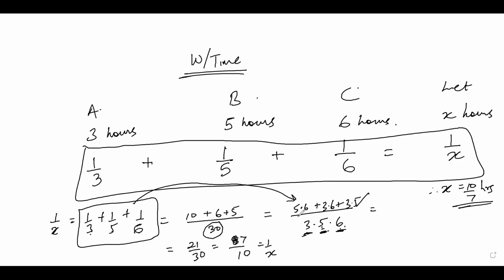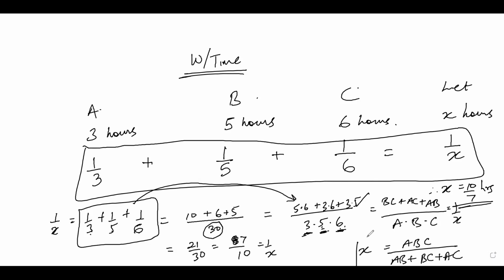Now, 5 into 6 is BC, plus 3 into 6 is AC, plus 3 into 5 is AB, and that upon A into B into C is your 1 by X. Therefore, X is ABC upon AB plus BC plus AC. That's one of the important expressions. But I've rarely seen anyone work it out in this fashion, because usually this is the best way to solve it.